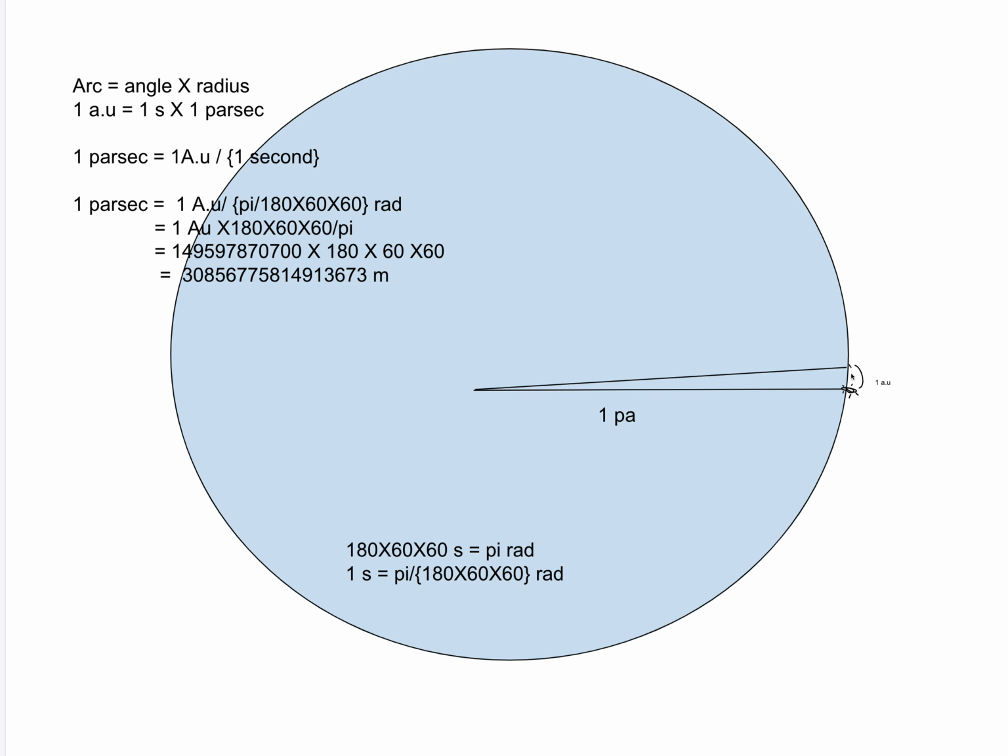But since we need to find the distance between the earth and the sun, which is of course the astronomical unit, this shift is very less, and it is only 1 second when the radius is 1 parsec. Yeah, this is how you can understand how to calculate parsec.